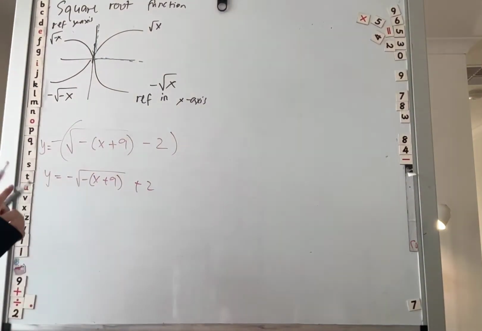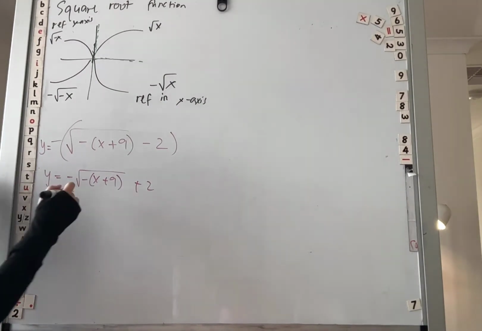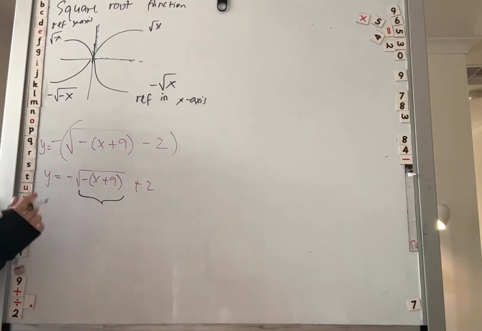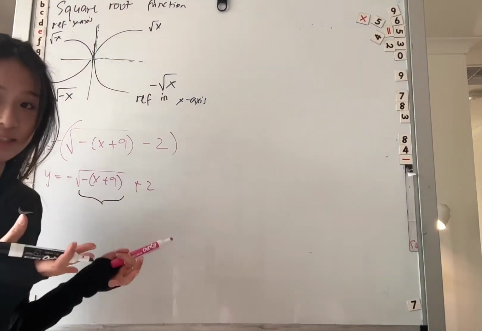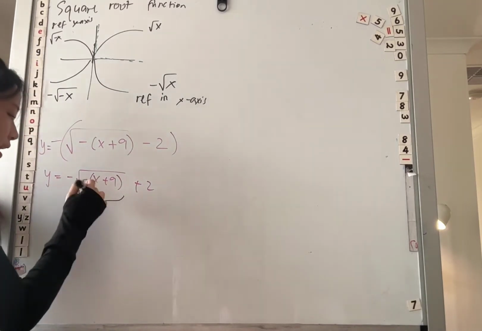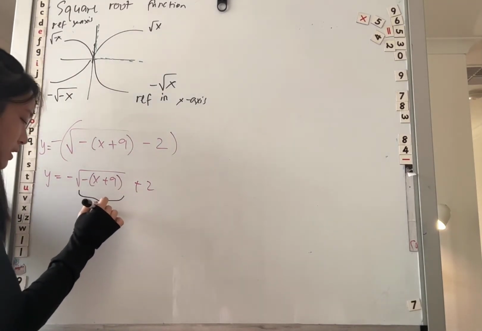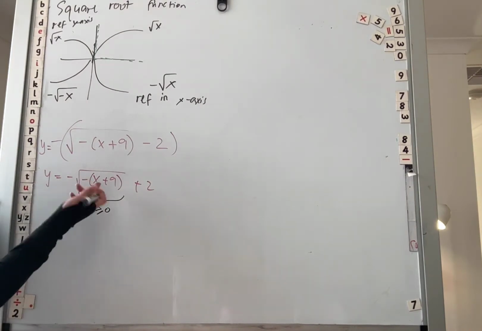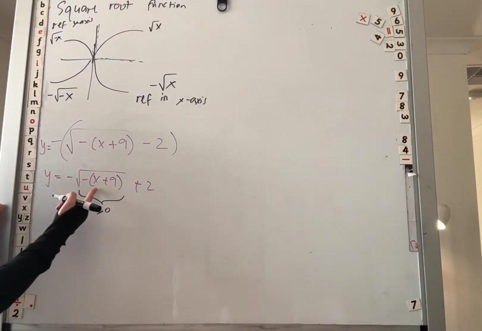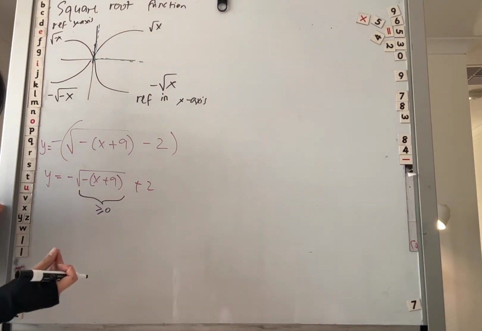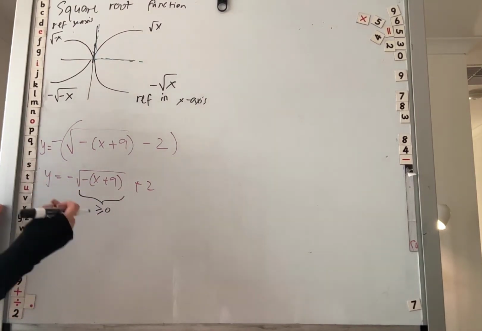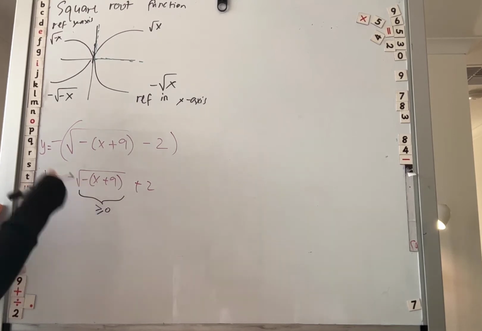Okay? So when I think about the starting point, I'm going to make this expression inside equal to 0, because we can't go any less than 0. I can't have a negative number inside here. It has to be greater than or equal to 0. So obviously, inside the bracket, x plus 9, the only thing you can do to make it greater than 0 is when x is greater than negative 9.